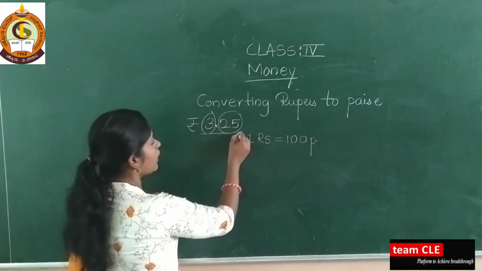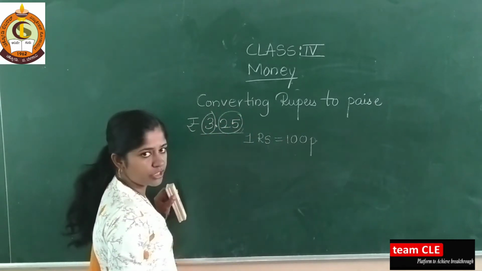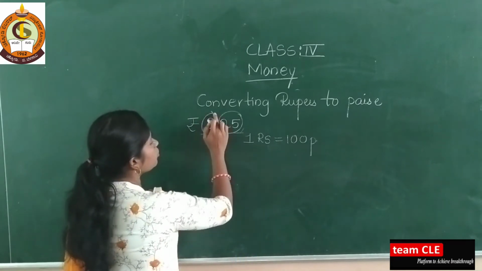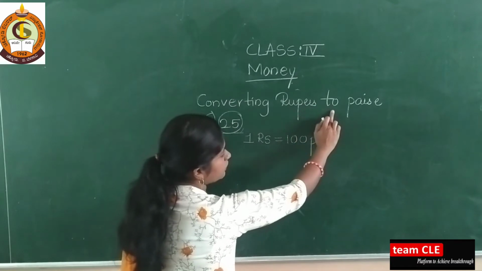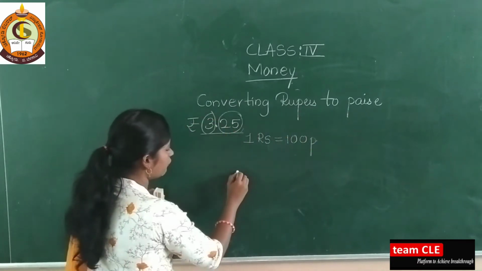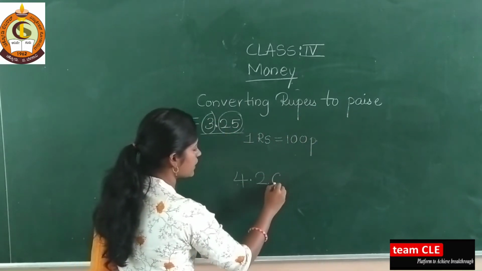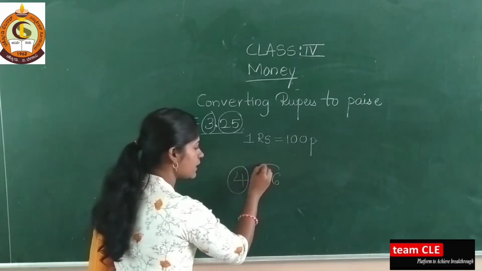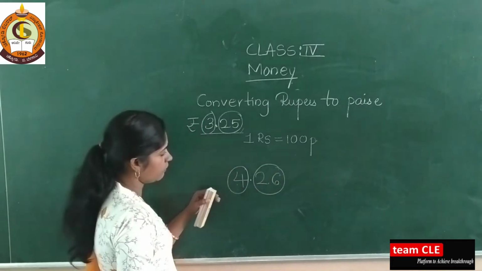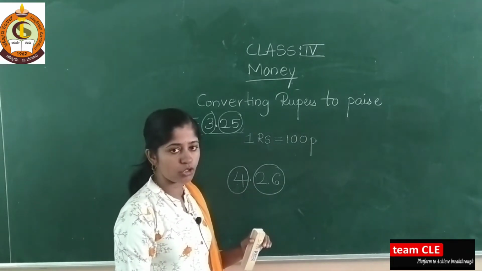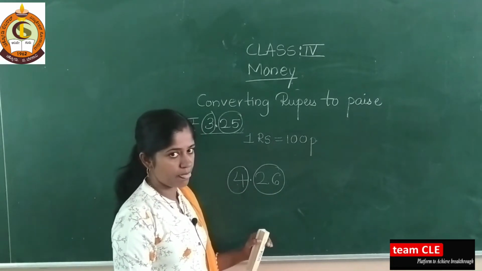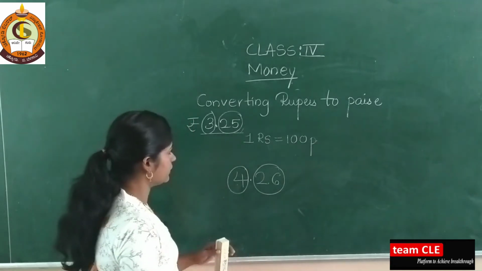It is already in paise, so there is no need to change it; you just have to change the rupees. The question is to convert rupees to paise. For example, in 4.26, this is rupees and this is paise. The whole part is rupees, and the decimal part is paise.